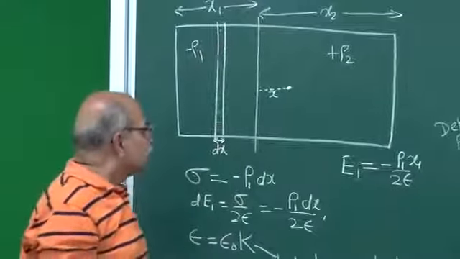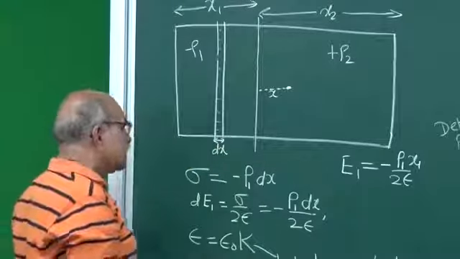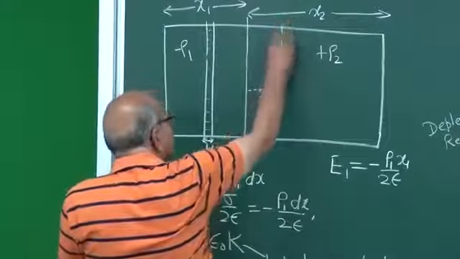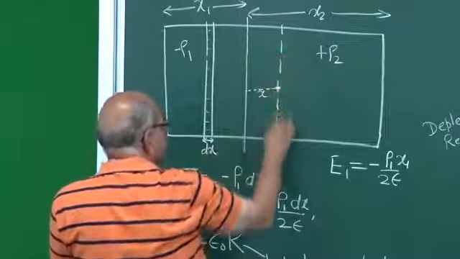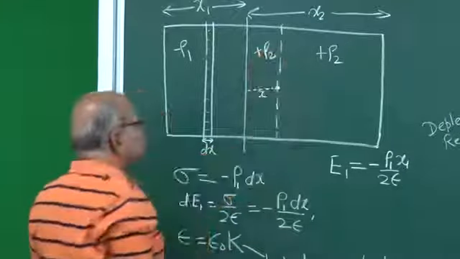Okay. Then come to the second part. Let me do it in two parts once again. Let's draw a line here, and this is all plus rho 2. First calculate the field due to this part, which is to the left of the point chosen.